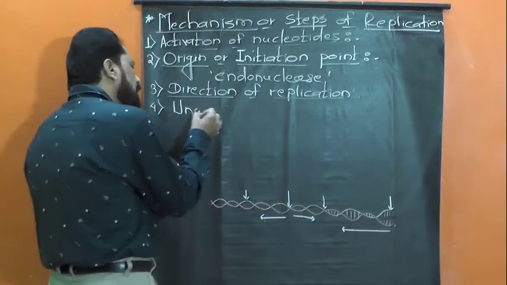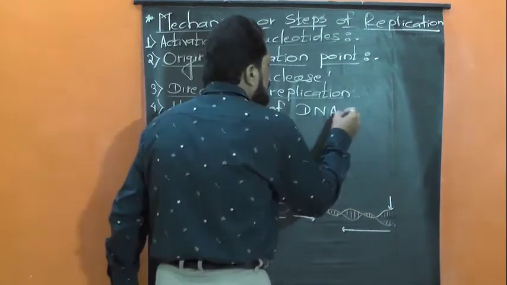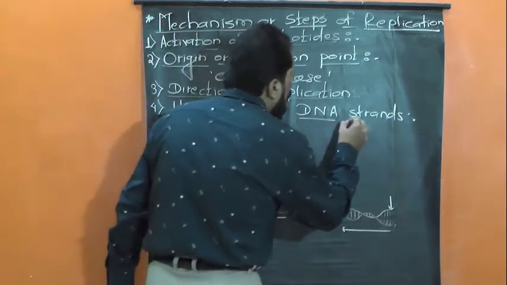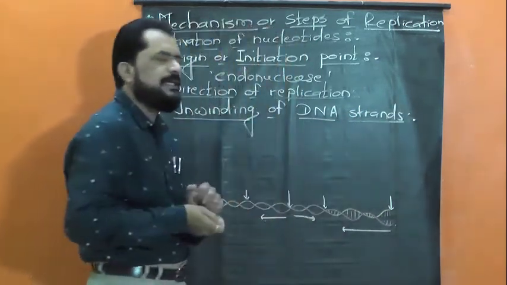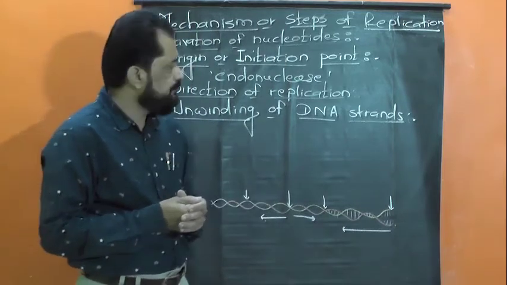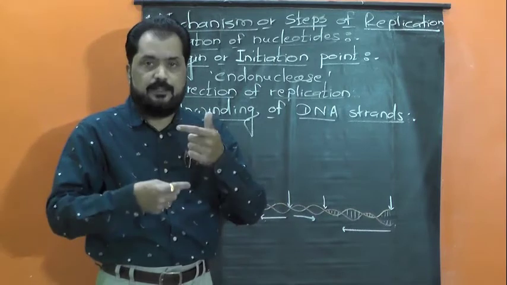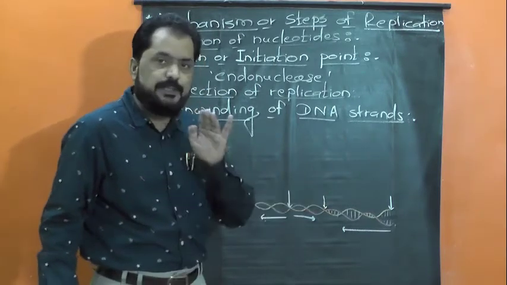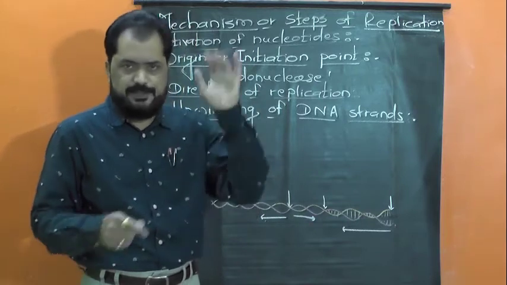Now unwinding of DNA strands. Unwinding, that is uncoiling of DNA strands. For the process of replication, the unwinding or uncoiling of two strands of DNA is necessary.